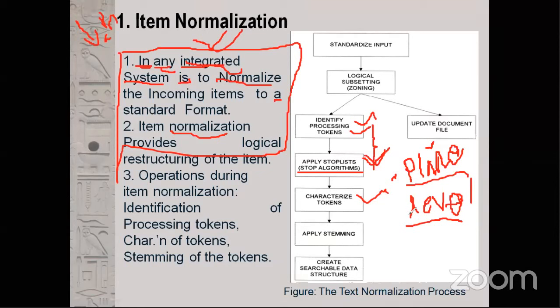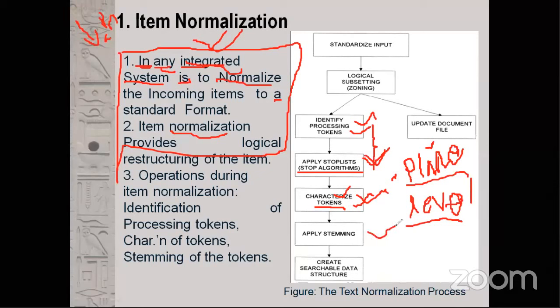Suppose in the sense of verb, if the user applies the query, then in that particular area it will be retrieved. So like that, we need to characterize the tokens. The token is nothing but a word here. Whatever tokens you identify from these steps, we need to give the characterizations for those tokens. Okay. So after identifying or characterizing the tokens, next apply the stemming.